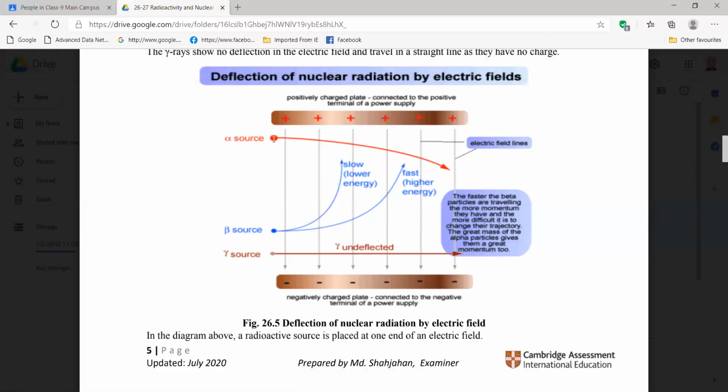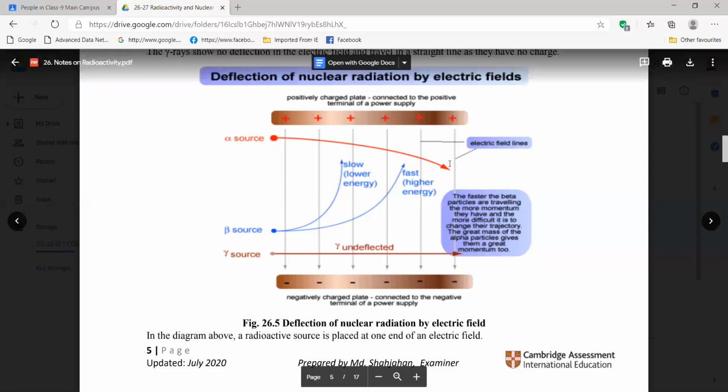If you see the way the alpha particle's curve is going, the beta particle's curve is going a little bit more curved. Did you observe it? Why is it? Because alpha particles are heavier.